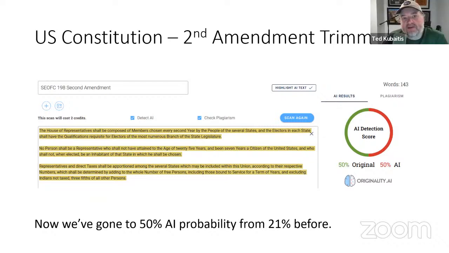So this notion of quoting is interesting because I've always wondered about AI detection, because I could ask AI to write a list of alphabetical state names. And how would that differ from a human list of alphabetical state names?